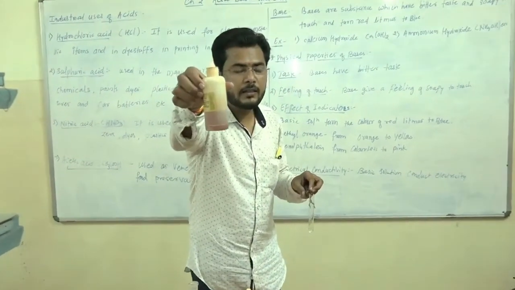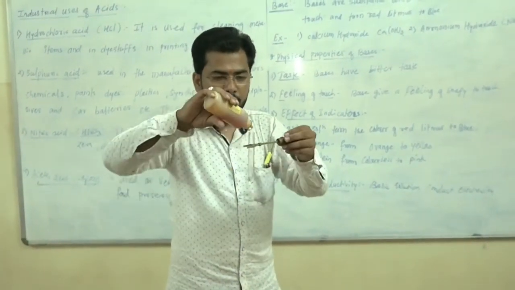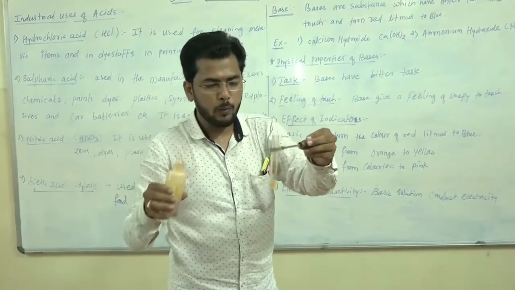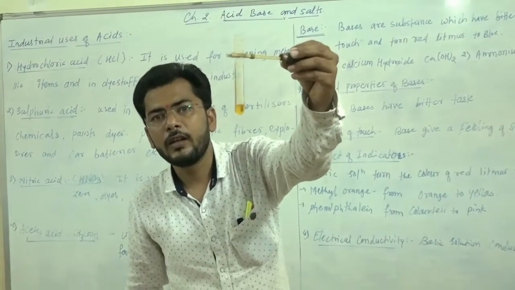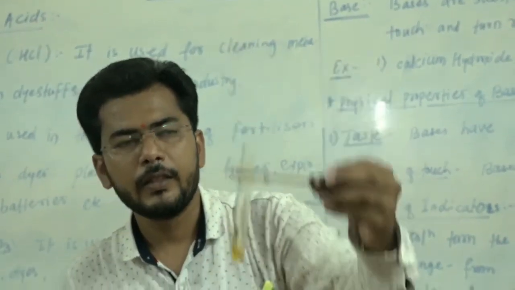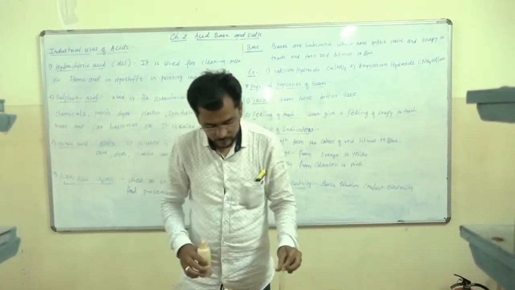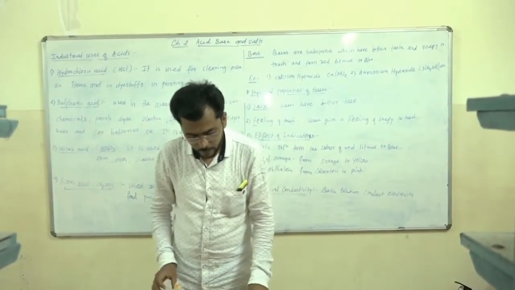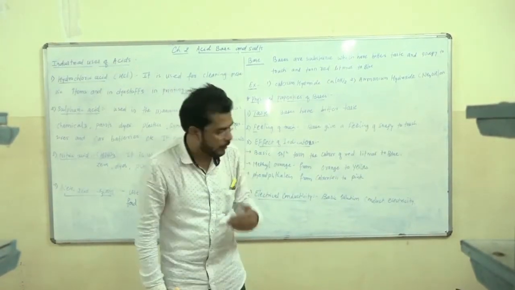Methyl orange has the color orange. It will change into yellow. So see it, it gives yellow color. This is the action of methyl orange on a base. When we have a base, at that time methyl orange changes into yellow color.